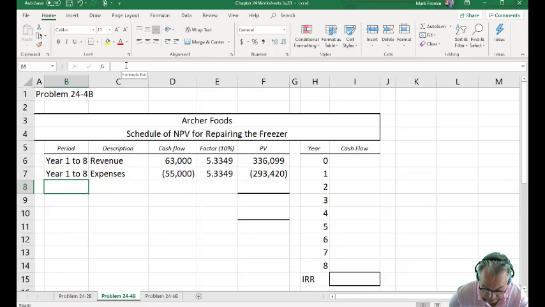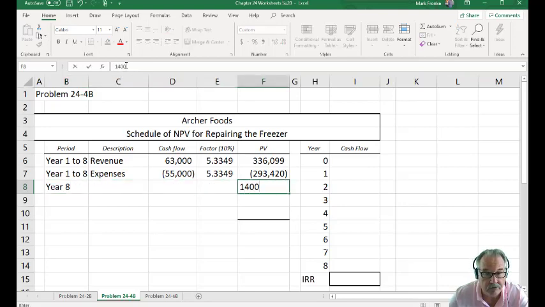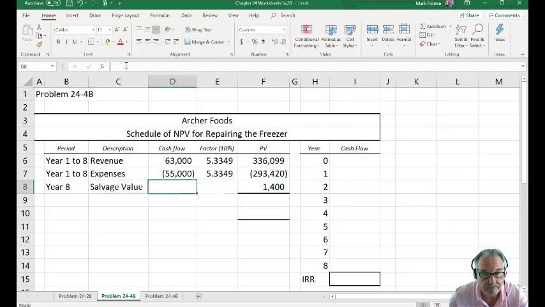And then in year 8, we're going to be able to get $1,400 for the salvage value. And we'll label that salvage value.